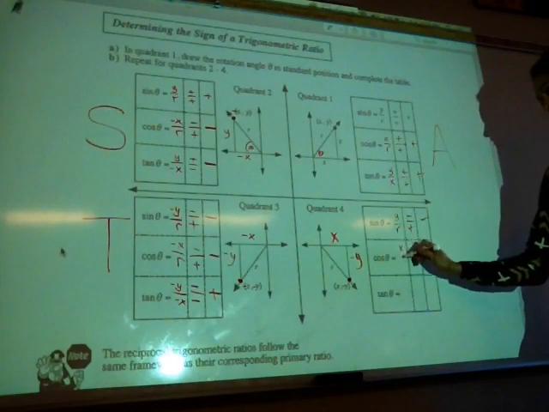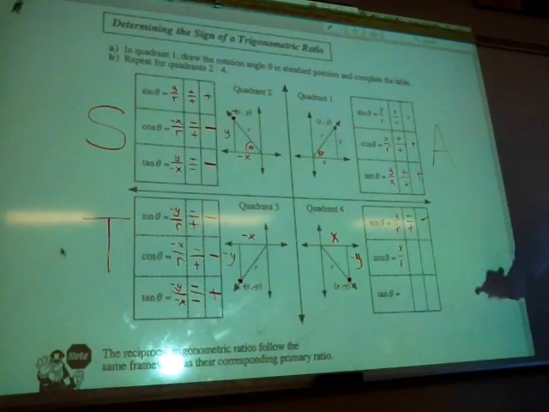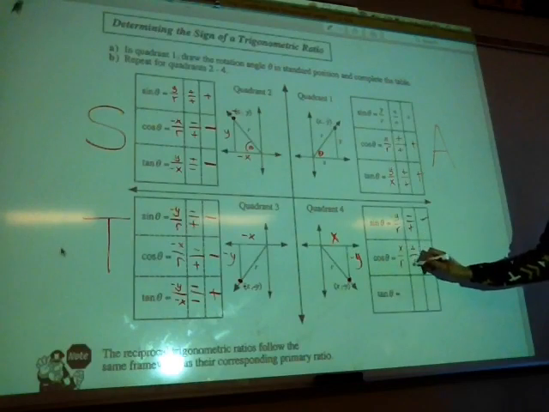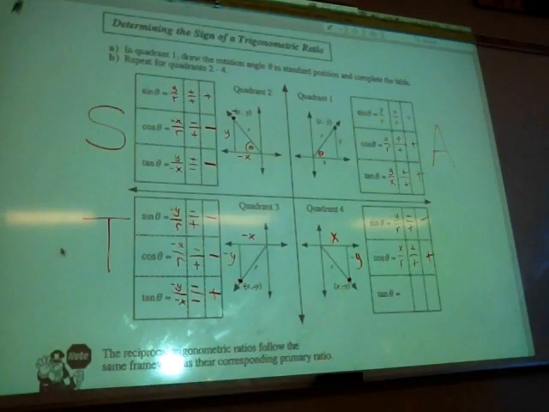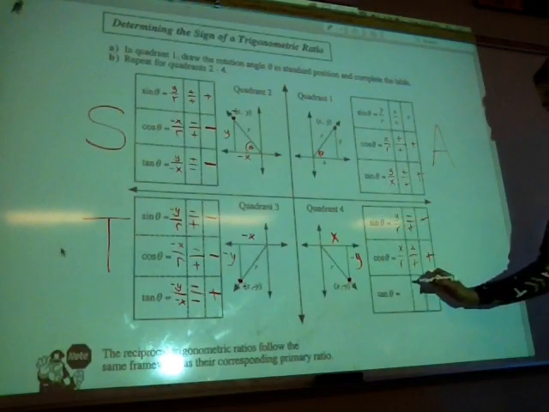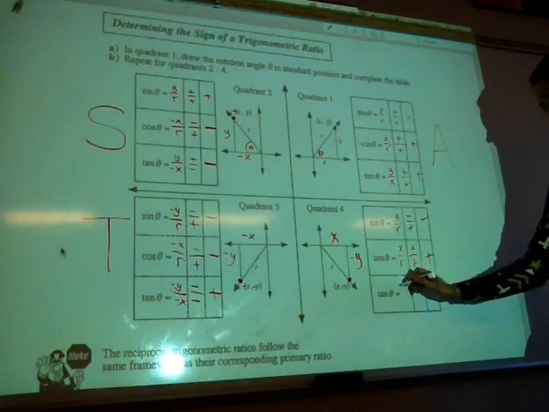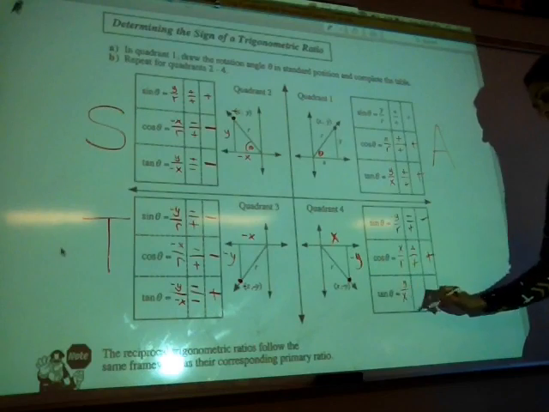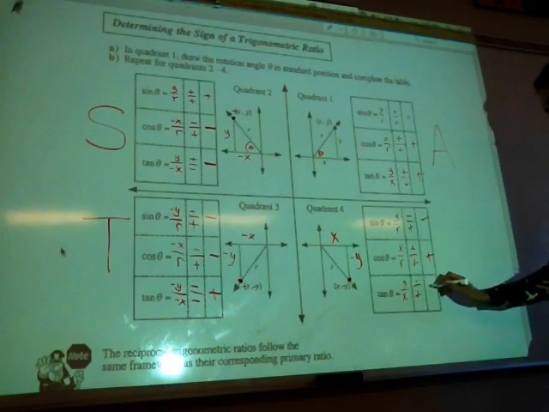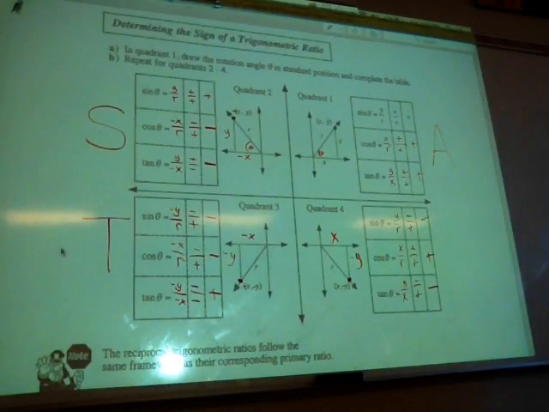Cosine, adjacent over hypotenuse, x over r. We get positive over positive, positive cosine ratio in quadrant 4. And lastly, tangent, we get opposite, negative y over adjacent, x. Negative over positive gives us a negative. So the only positive ratio here is cosine.